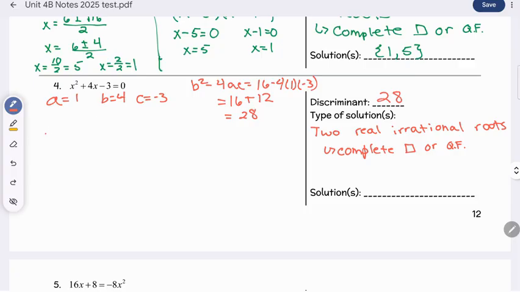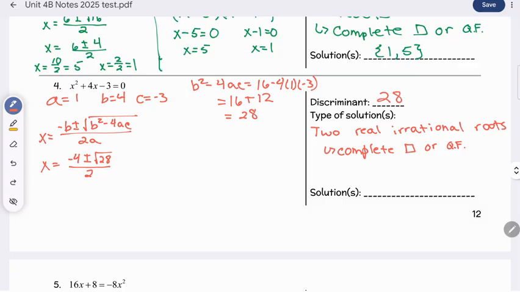We've got x is equal to negative b plus or minus the square root b squared minus 4ac all over 2a. Negative b is going to be negative 4. We already calculated our discriminant, so it'll be plus or minus square root of 28. A is 1, so 2 times a is going to be 2.